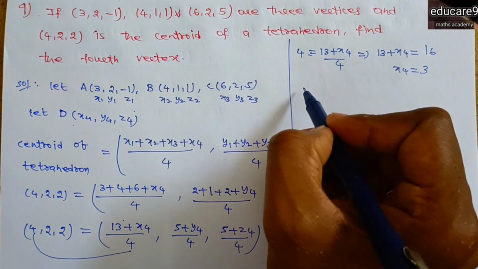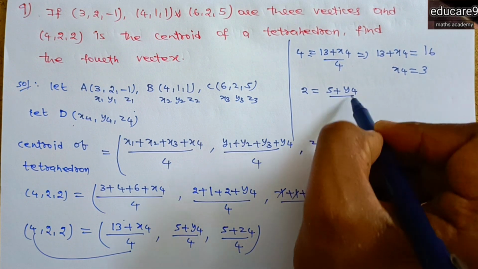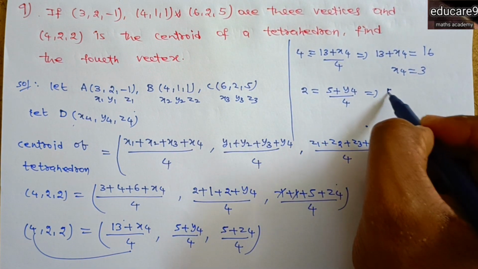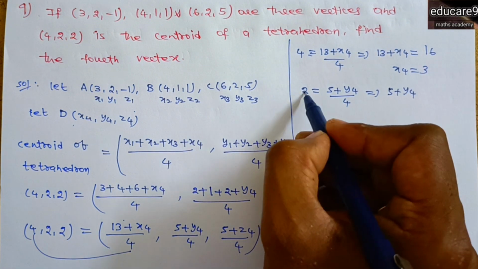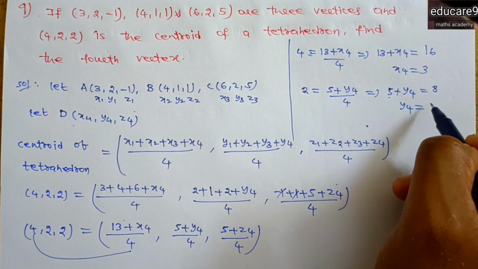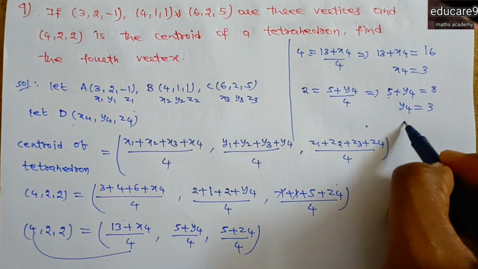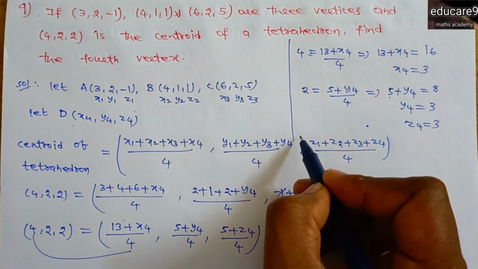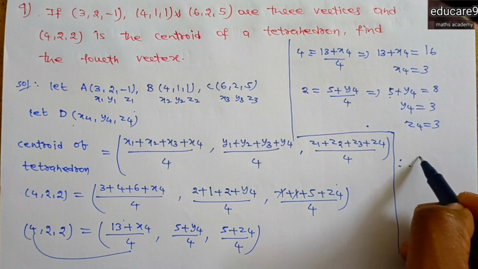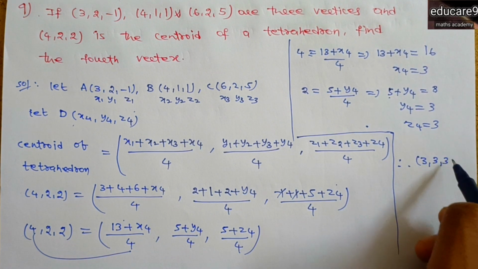Next, the y coordinates: 2 equals (5 plus y4)/4. Cross multiplying, 5 plus y4 equals 2 into 4, 8. So y4 is 8 minus 5, 3. Similarly, z4 is also 3. Therefore, the required fourth vertex is (3, 3, 3).